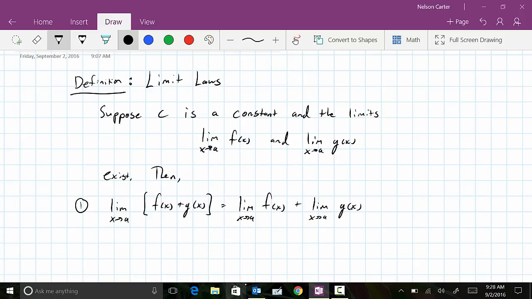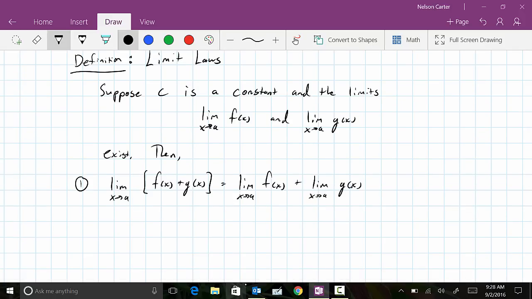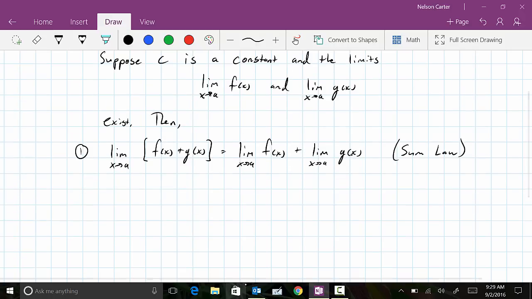Okay, so it turns out that when you take the limit of a sum, if both of those limits exist individually, then you can figure out what each of those limits are individually, and then you can just add them together. This is called the sum law. Sometimes we'll say that the limit of a sum is the sum of the limits. Okay, so sometimes that's the way we say it.